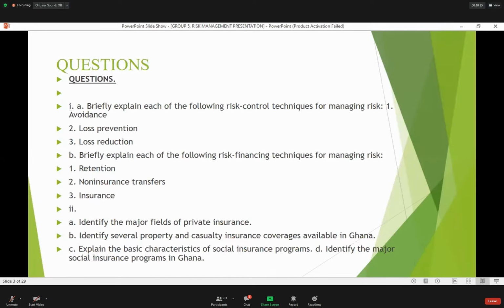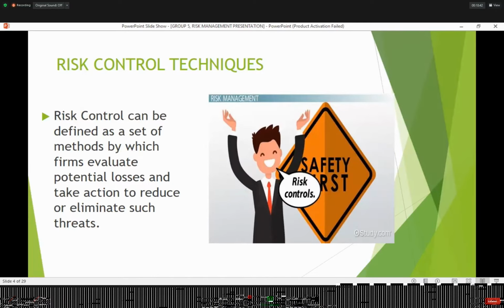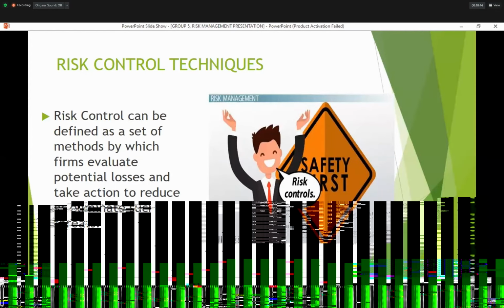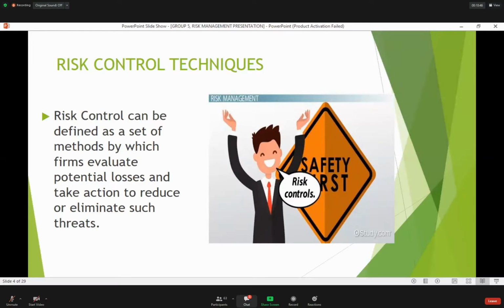We said risk control can be defined as the method by which firms evaluate potential losses and take actions to reduce or eliminate such threats. We took this image to signify our definition of risk control. We can see a yellow sign which states safety first.